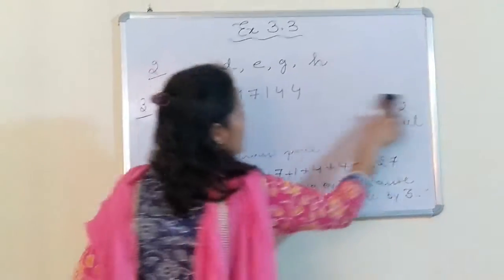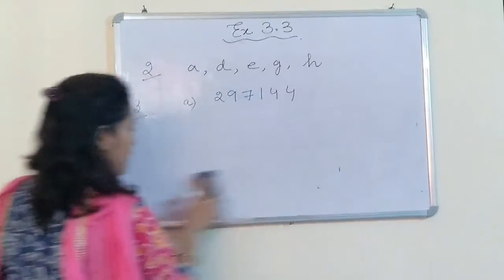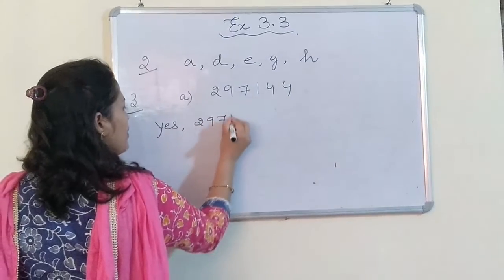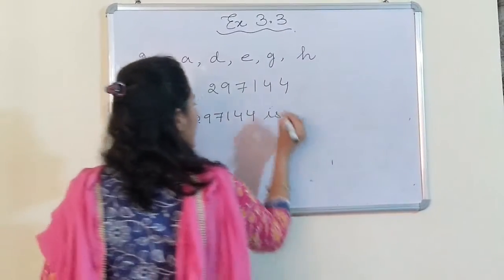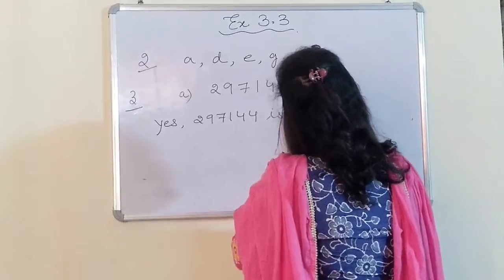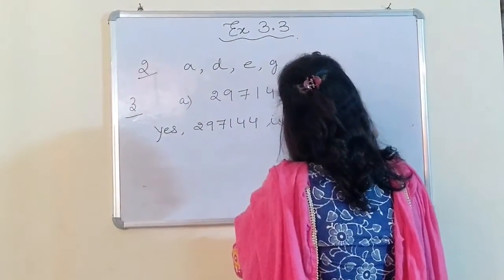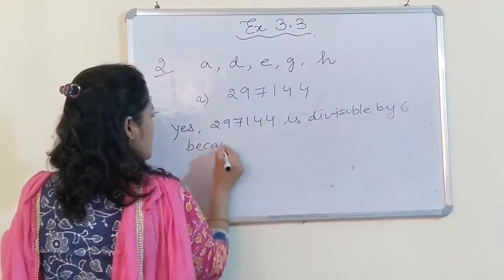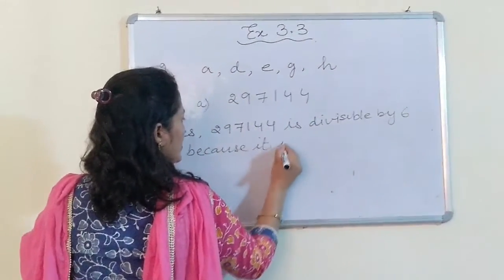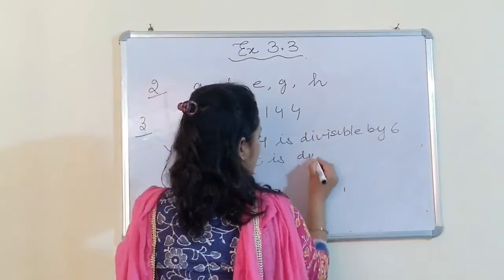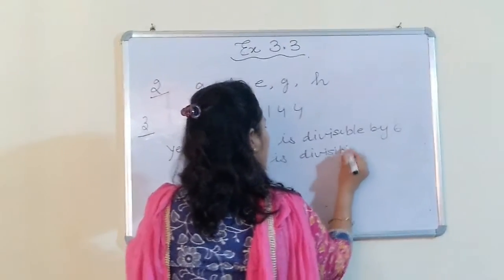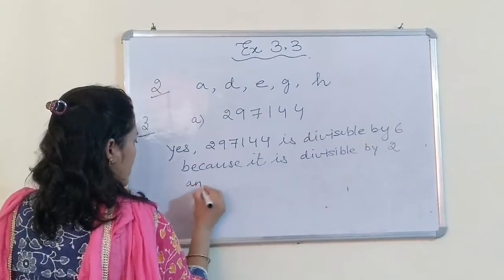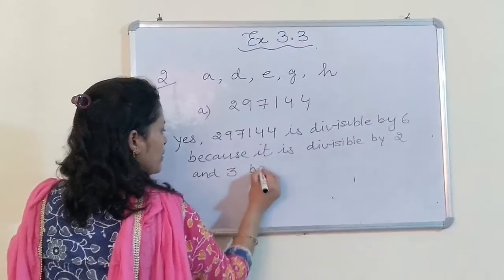So you can write down, yes, 297144 is divisible by 6 because it is divisible by 2 and 3 both.